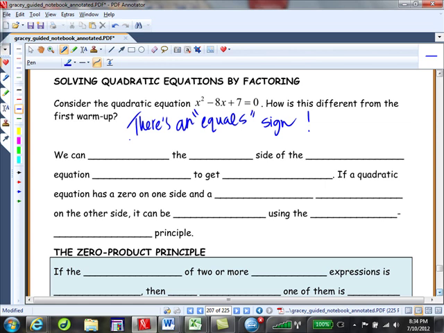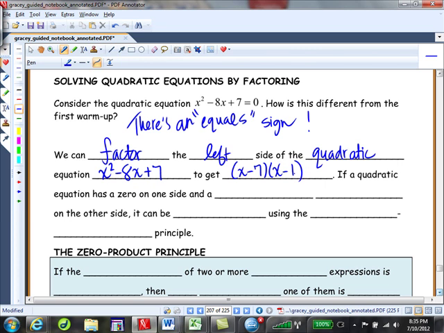Okay, so here's how you do it. We can factor the left side of the quadratic equation, x squared minus 8x plus 7, to get x minus 7 times x minus 1.